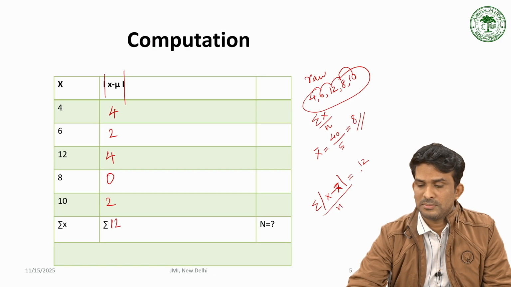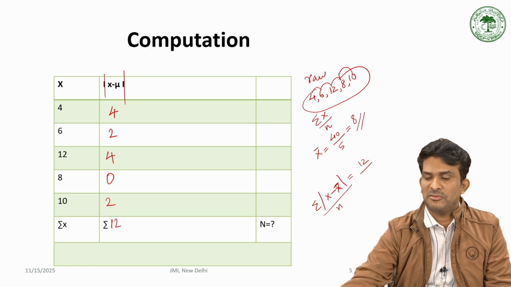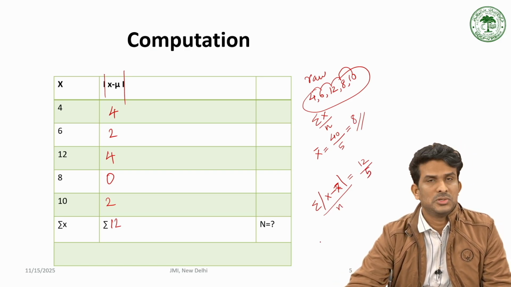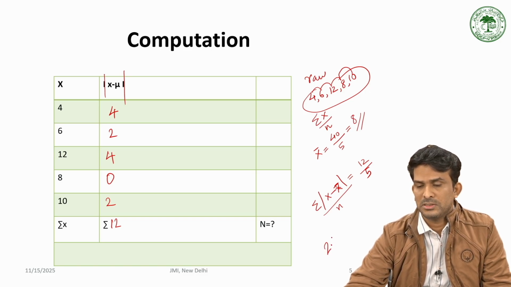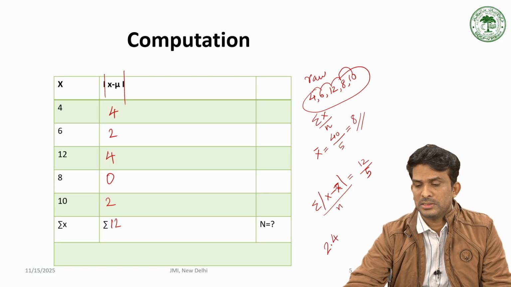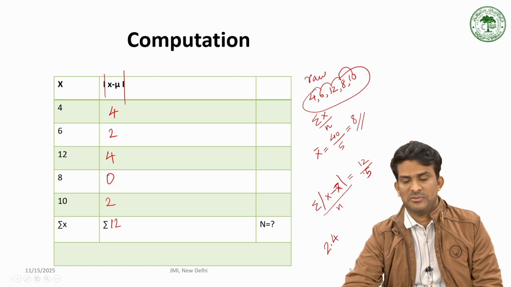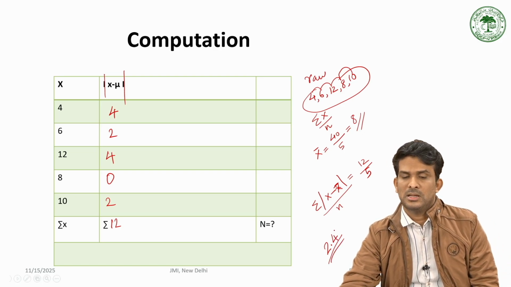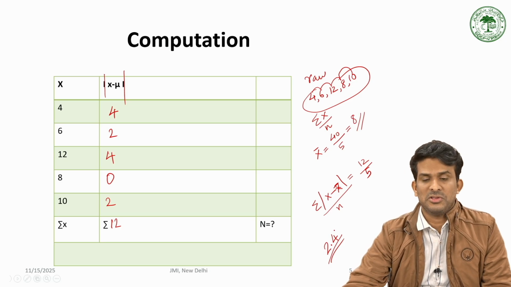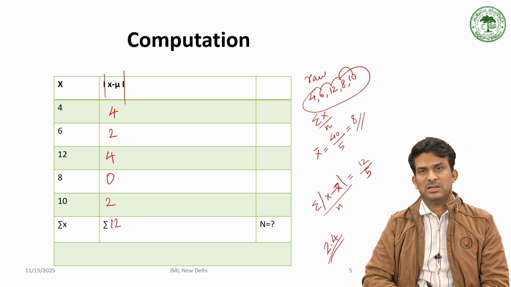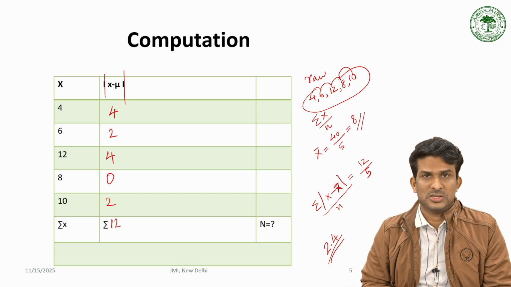What is n? n is 5. 12 divided by 5 is 2.4, right? 2.4 is the average deviation of this specific group of observations.